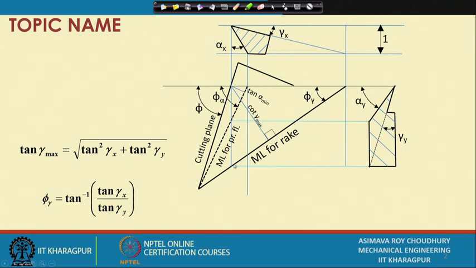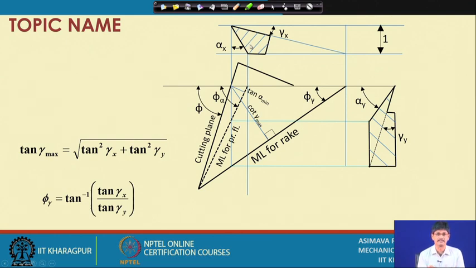What do I mean by the base plane? By the base plane I mean that plane which is at the base of the tool and is necessarily parallel to the reference plane. It might not always be parallel to the reference plane, but in this case we are assuming that.